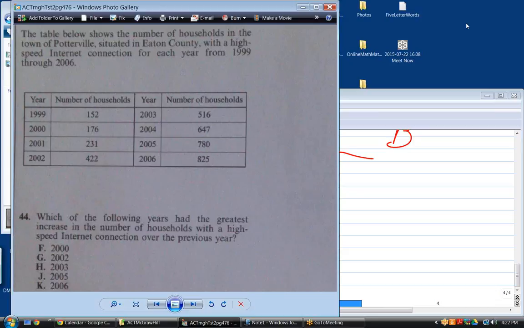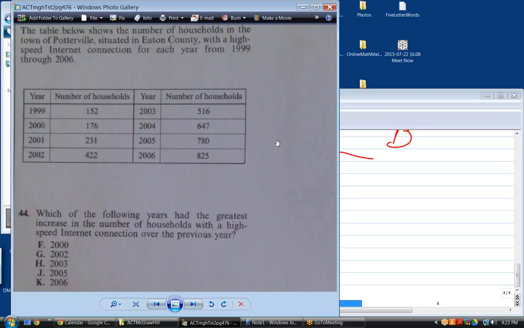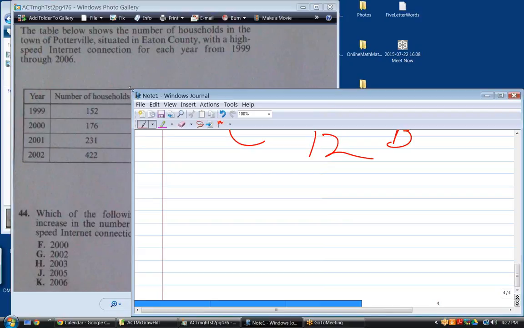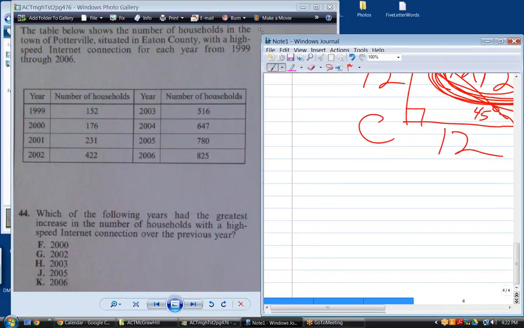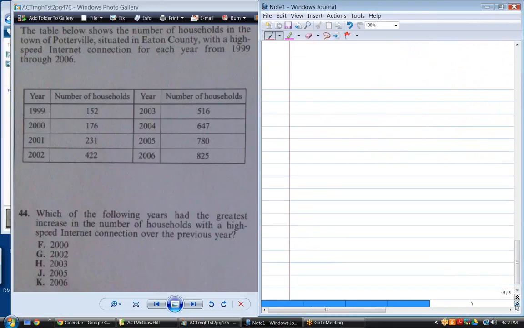But what it does require you to do is be able to interpret tables and charts and graphs. And then what they do is they give you the tables, charts, and graphs, and they ask you questions about them. So this question here, to me, really belongs in the science section. But I don't generally review the science with students because it's not really science, it's verbal. It's how well you can read.